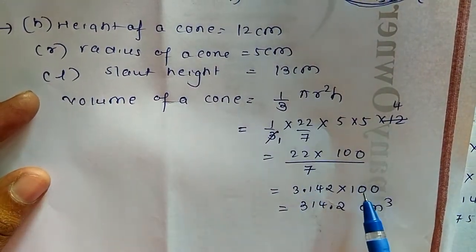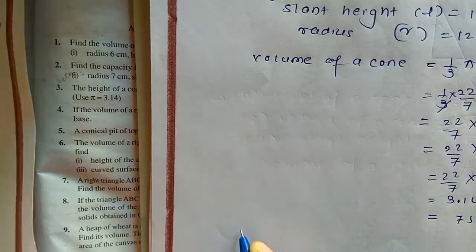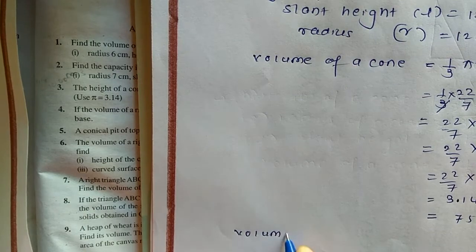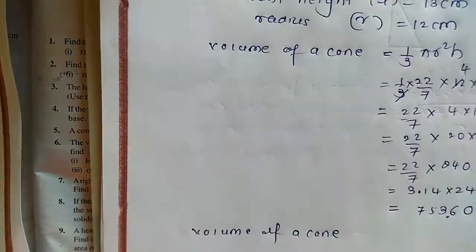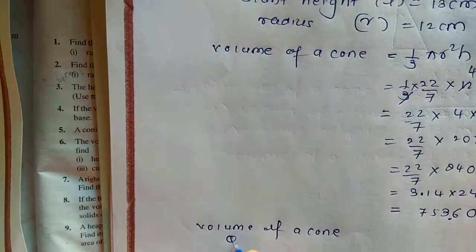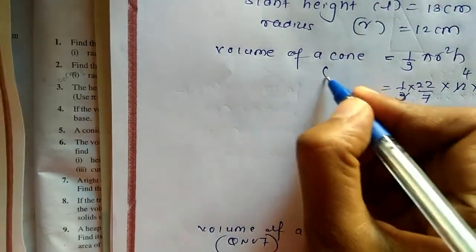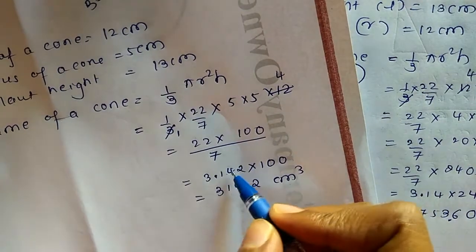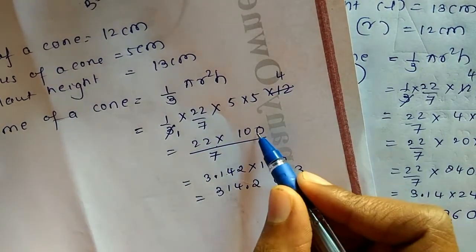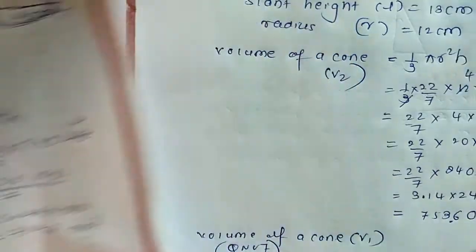So this is the volume we got here. The volume of the cone from question number 7, I'll write as V1 and this is V2. For V1 you can take 3.14 into 100, because anyhow we are finding the ratio, so it will get cut.